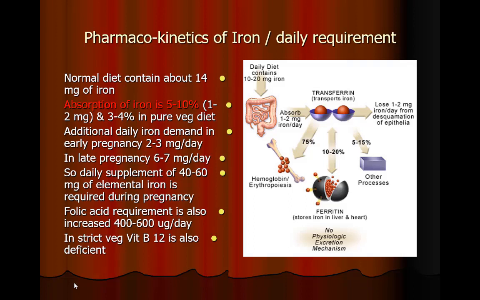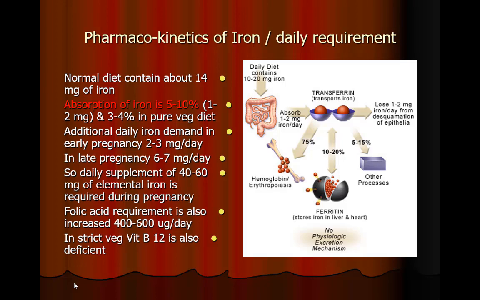The pharmacokinetics of iron with daily requirements during pregnancy. A normal diet contains about 14 milligrams of iron. Absorption of iron is 5 to 10%, which means 1 to 2 milligrams, and 3 to 4% in a pure vegetarian diet. Additional daily iron demand in early pregnancy is 2 to 3 milligrams per day.